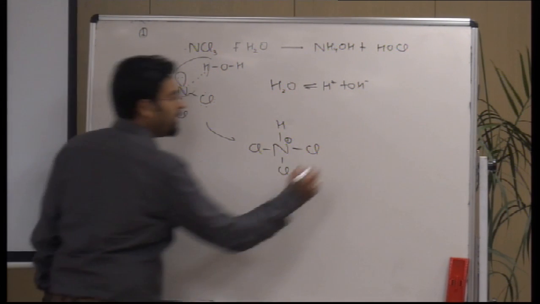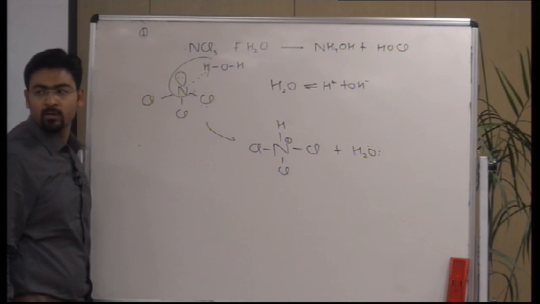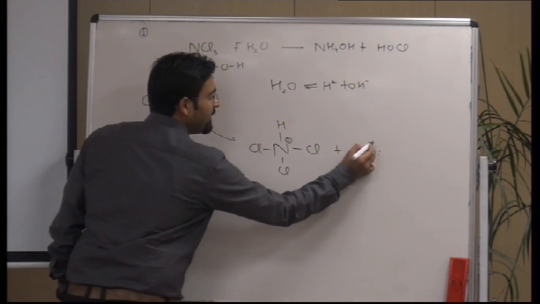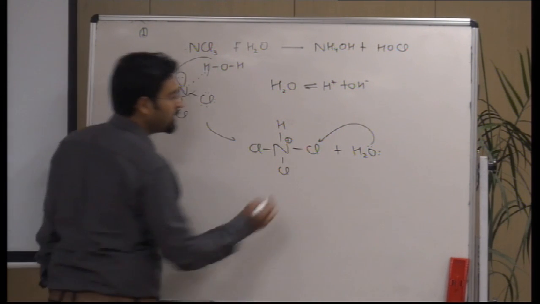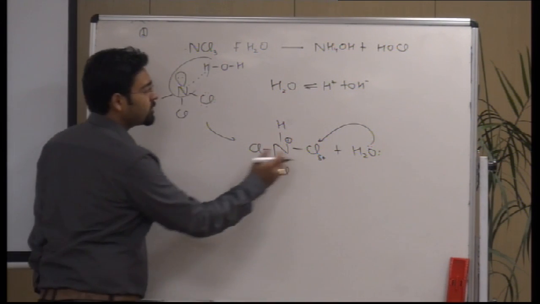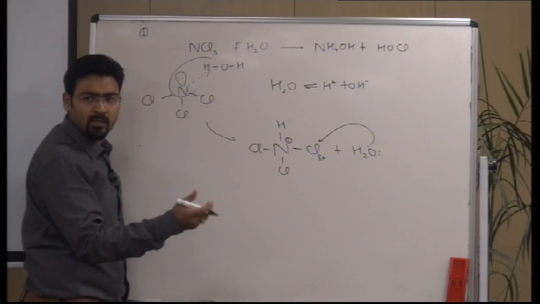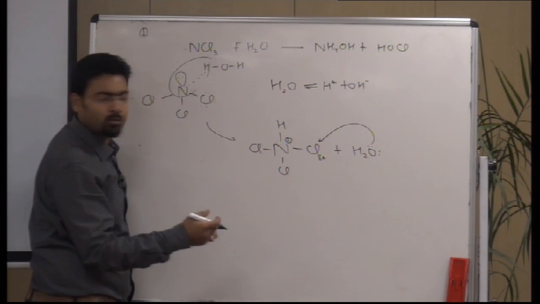Now if you have an H2O molecule in which oxygen has a lone pair of electrons, and it attacks a chlorine atom, why will it attack a chlorine atom? Because the chlorine is electron deficient here. Nitrogen and chlorine both have very similar electronegativity values. It is 3 and this is 3.2, quite close values.